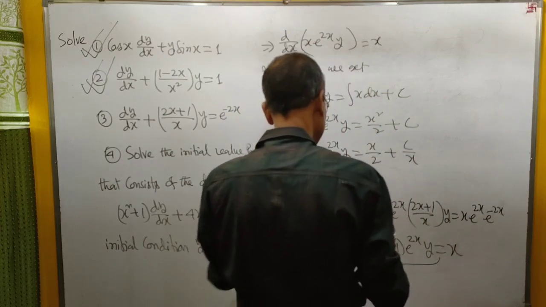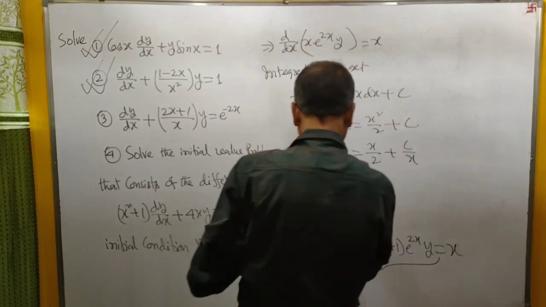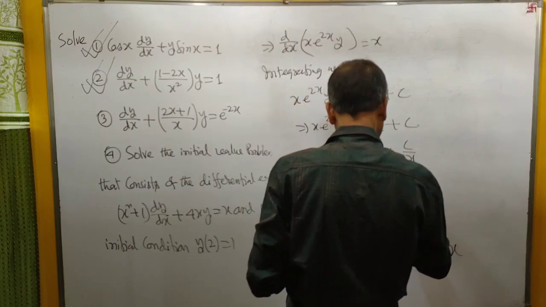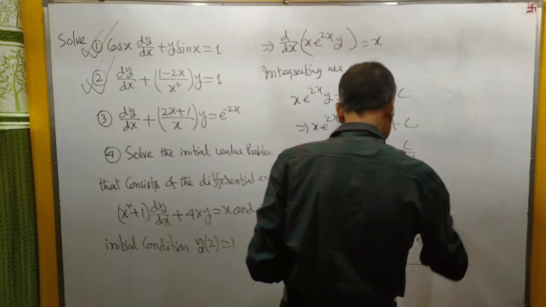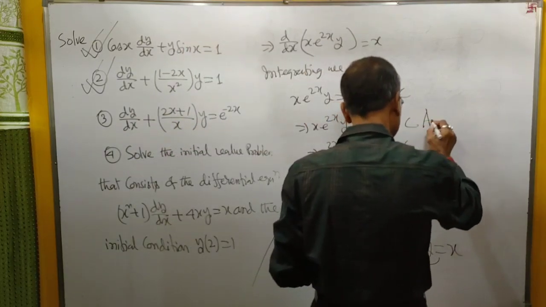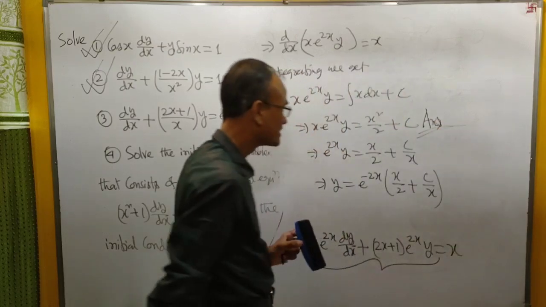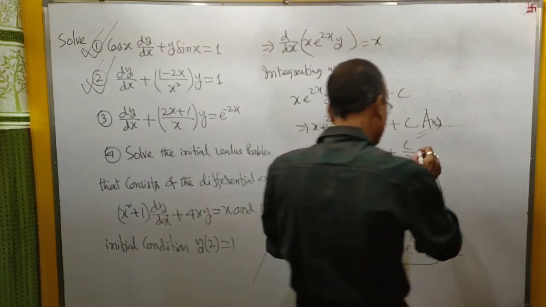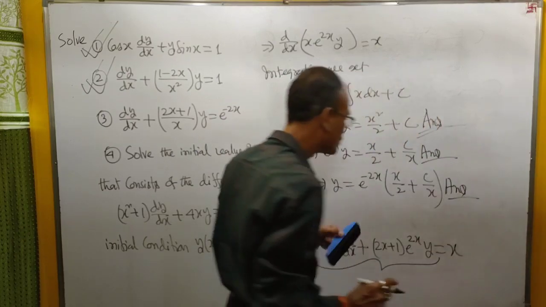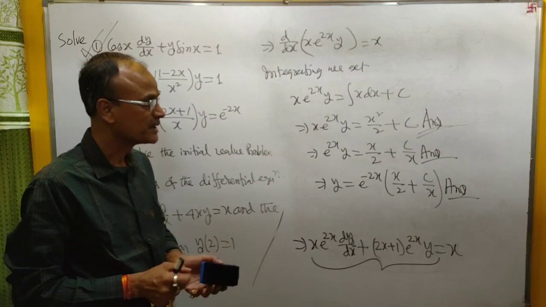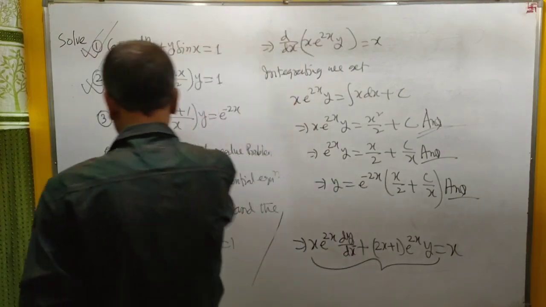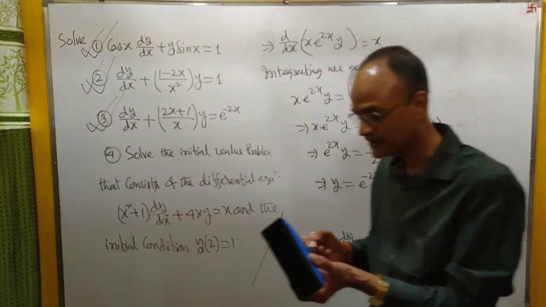Or you may write y equal to e to the power minus 2x times (x by 2 plus c by x). This is the answer. You may put the answer in this way also. Thus we have solved question number 3.